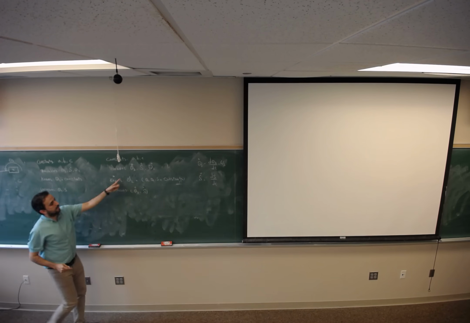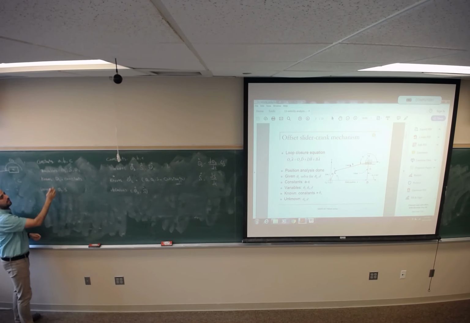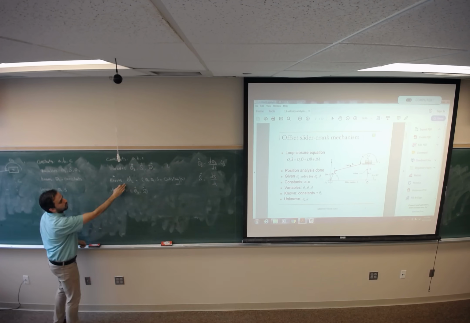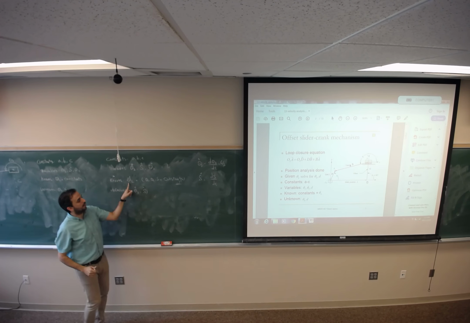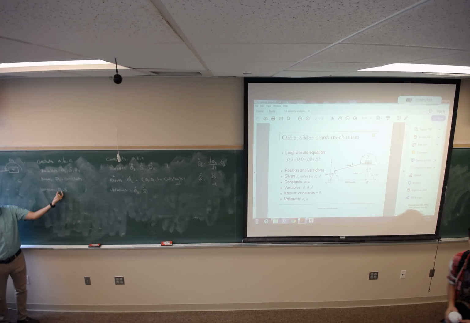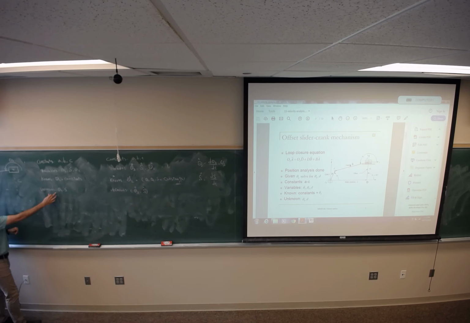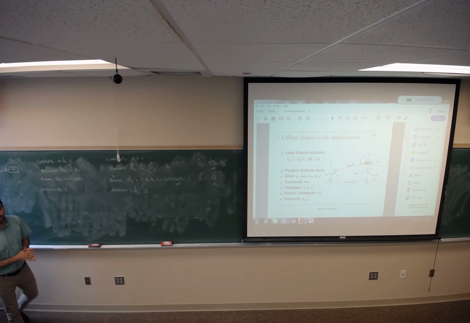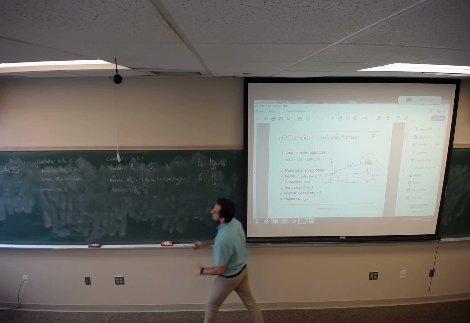And whatever is known here, its derivative should be known right here. So theta 2 is given, so theta dot 2 or omega 2 should be given. And you are solving for theta dot 3 and S dot, which are the derivatives of these two unknowns in displacement analysis. So this is basically what we covered yesterday.